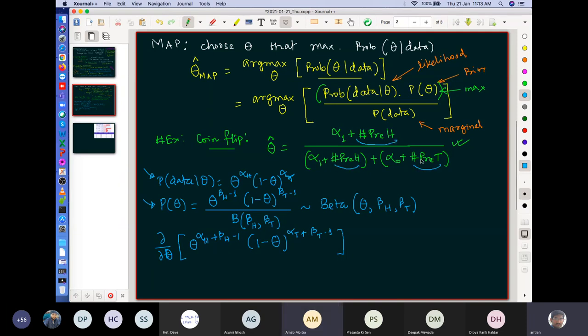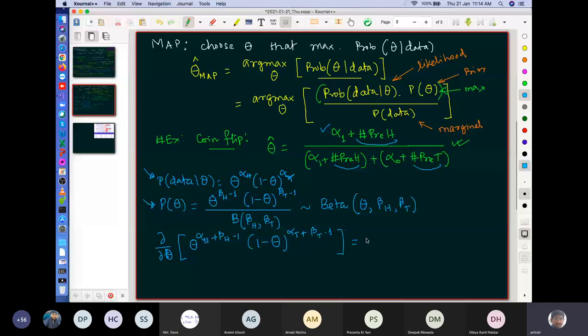Now if your data are more and you have a wrong estimation of your prior, then automatically it will cancel out. If my data is more, I am not prioritizing my prior value. But if my data is less, I need to do something, so my prior will then dominate. So that's why, if you do it this way, you see this is just like the earlier equation.